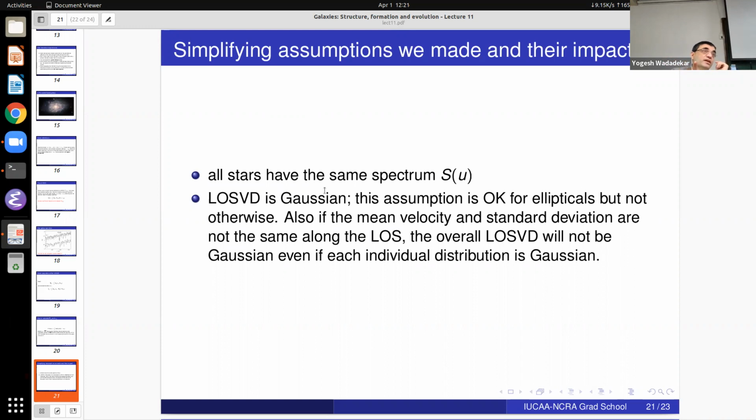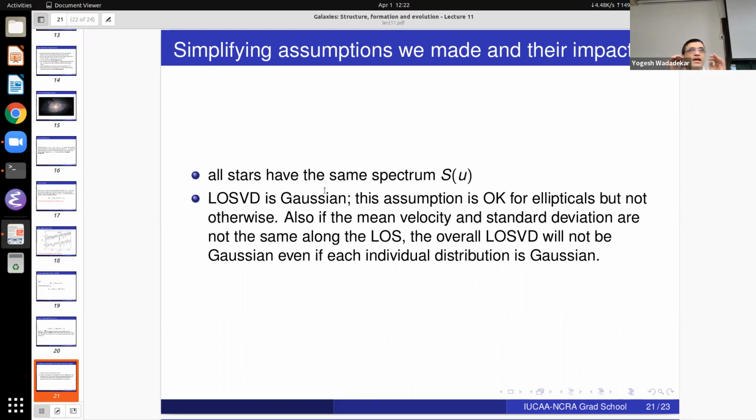And this is what is happening. What we've implicitly assumed here, which is also a correct assumption, is that because the distances between stars are much larger than the diameters of the stars themselves, stars don't hide each other, right?